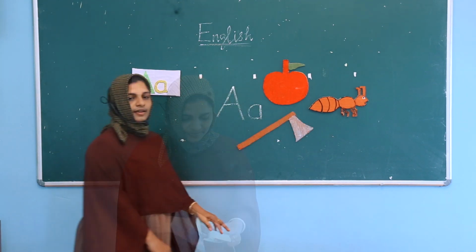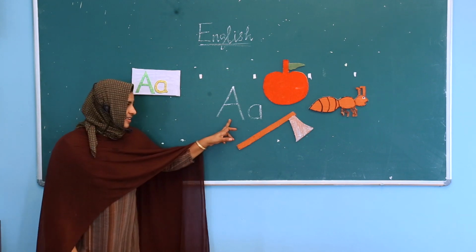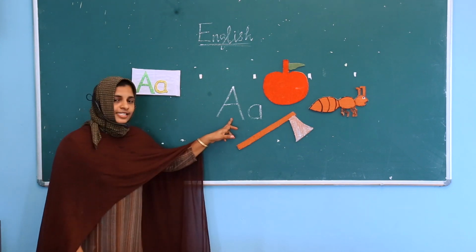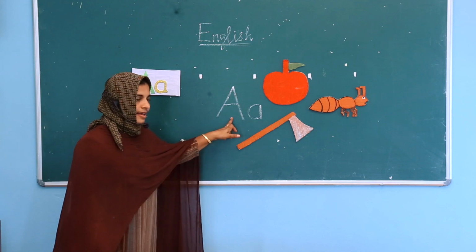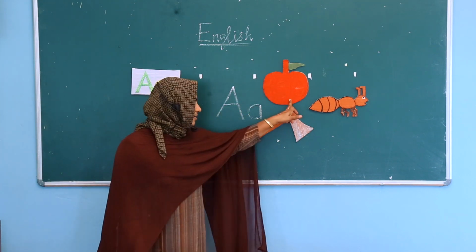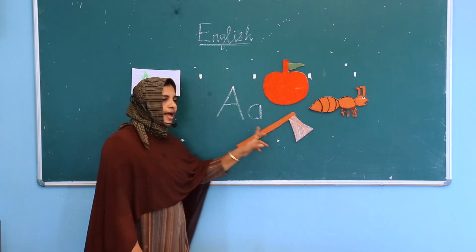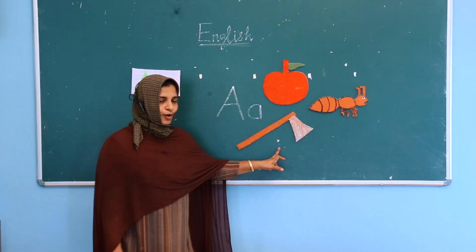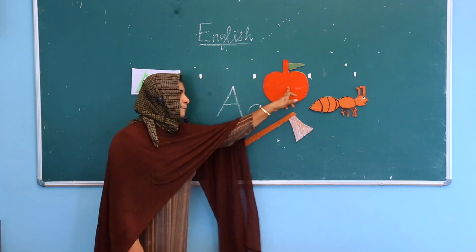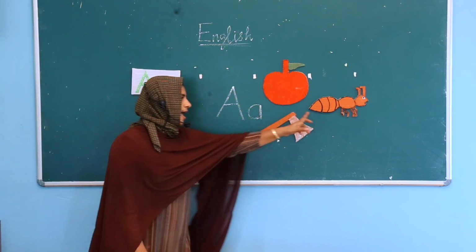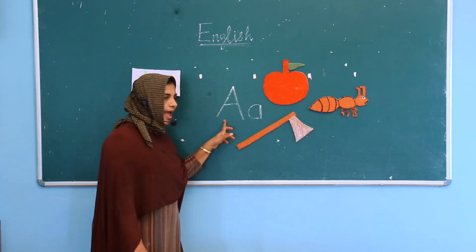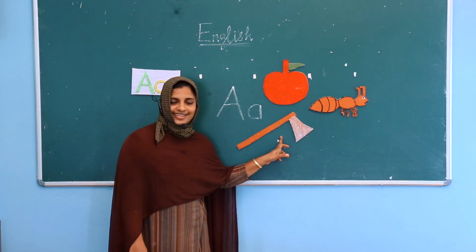Then, sound of A. What is the sound of A? A. Apple. A. Ant. A. Axe.